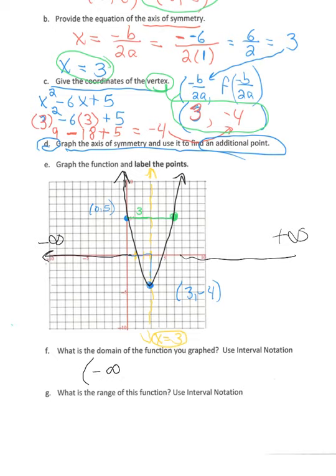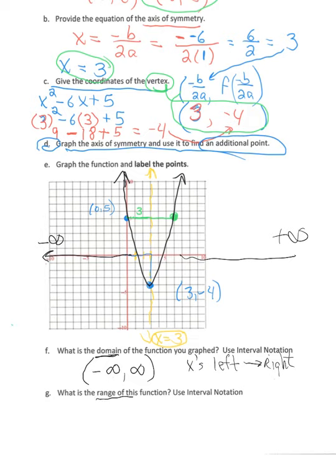Now we're only looking at a piece of that parabola, but we can pick whatever x's we want on that x-axis with no limitation. We can go all the way to the left, negative infinity, all the way to the right, positive infinity. The domain tells you the x's, how far to the left and how far to the right, what kind of numbers can I use, no limitation.